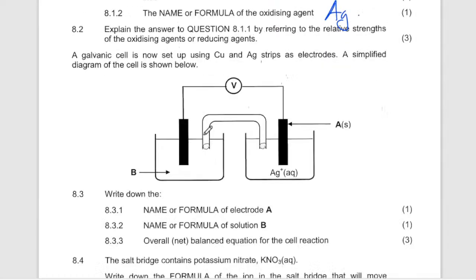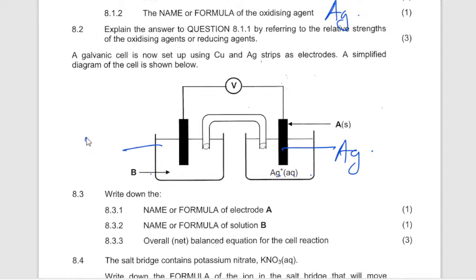So the simplified cell is shown below. Name or give the formula of electrode A. This is electrode A. Since we are using silver solution, A would be silver. And then solution B, because it's silver, in most cases we use silver nitrate.